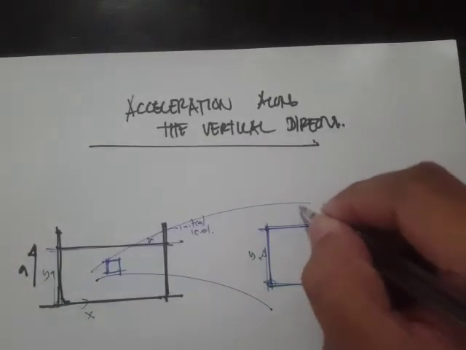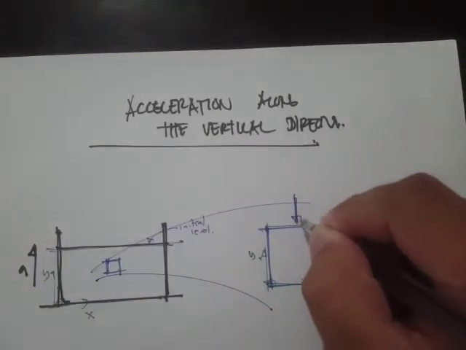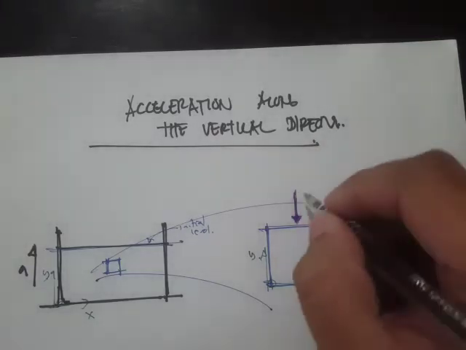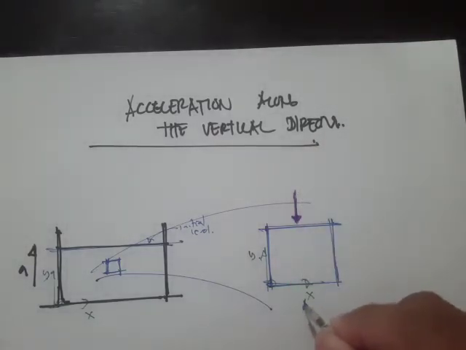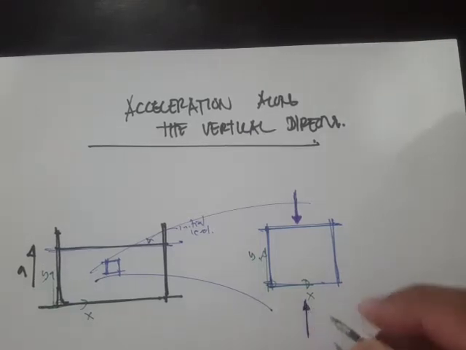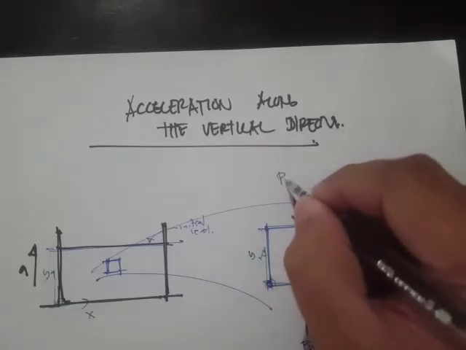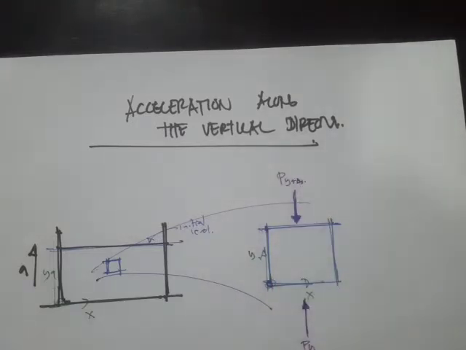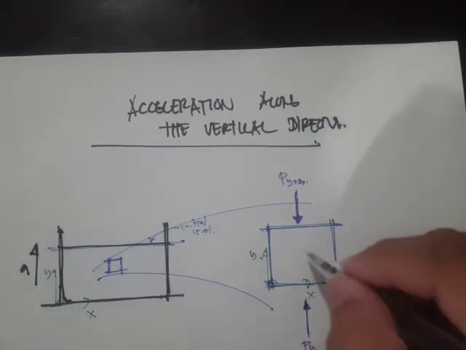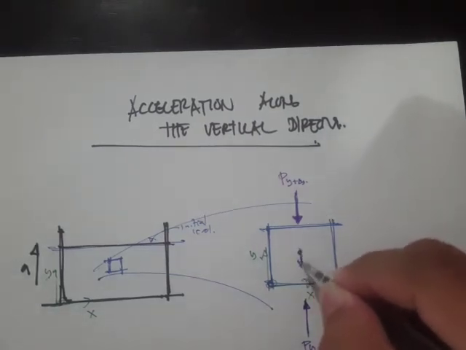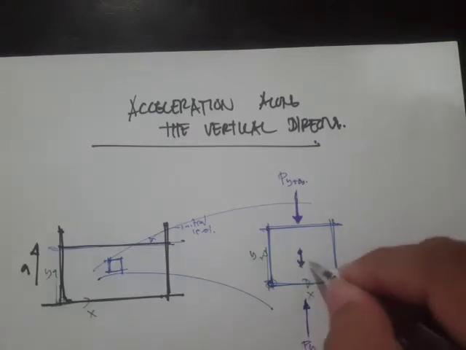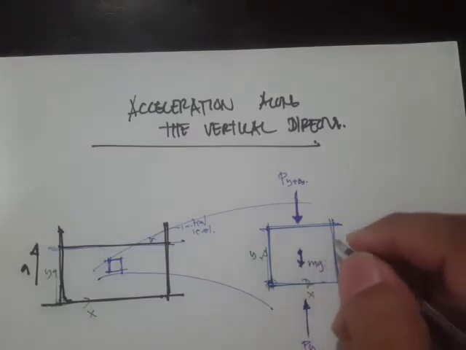Then if we expose the forces, we have forces from the pressure on top, and we have also forces at the bottom face. Let's say this is p sub y, because this is our origin, and therefore this one will be p sub y plus delta y. Okay, and what else? We have another force coming from the body force, which is just the weight mg.